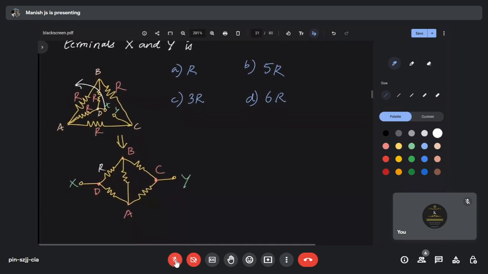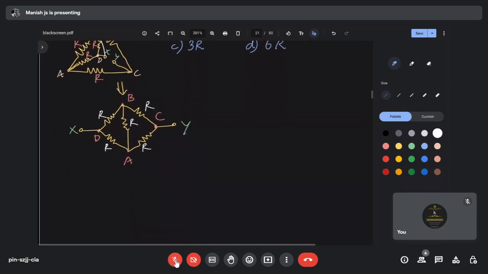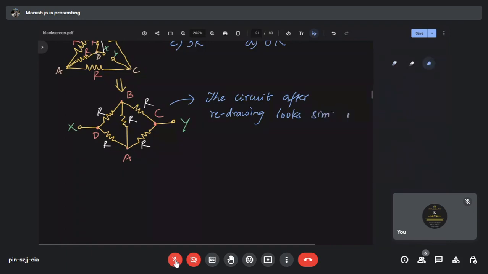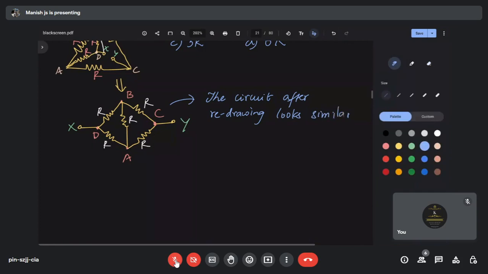Okay, so when you go for redrawing it, who can tell me what the circuit looks like after redrawing? Which circuit does it look similar to? Series? Are you sure? It looks similar to a Wheatstone circuit.